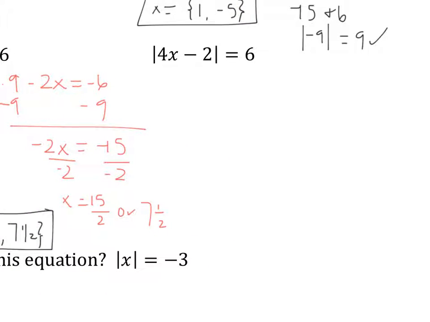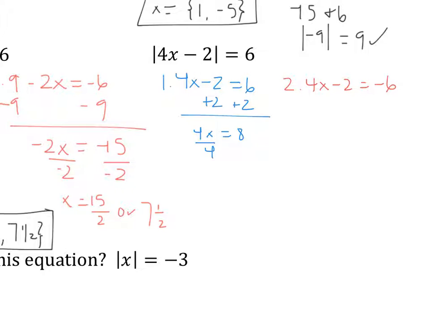And now on number 2, or second example over here, I'll slide over to. My first case is, as I see it, so 4x minus 2 equals 6. And then the second case here is 4x minus 2 equals -6. And then I'll solve my two equations here and get 4x equals 8, divide by 4, so x equals 2.